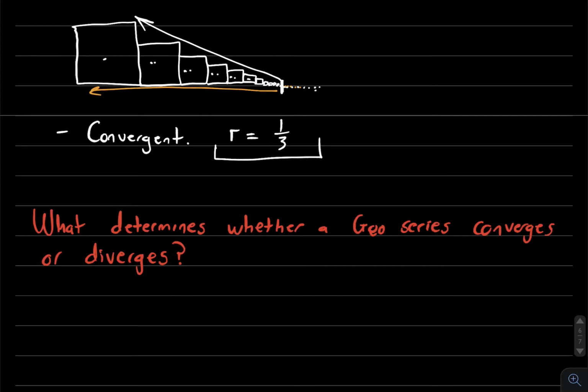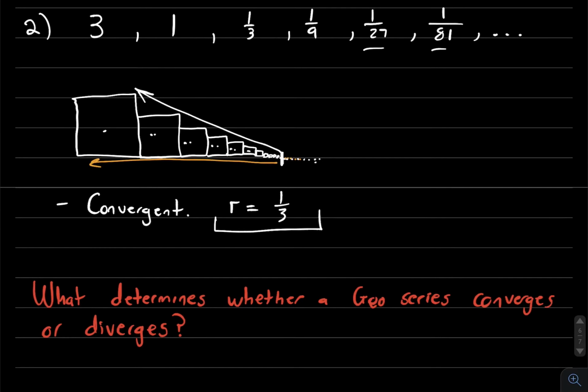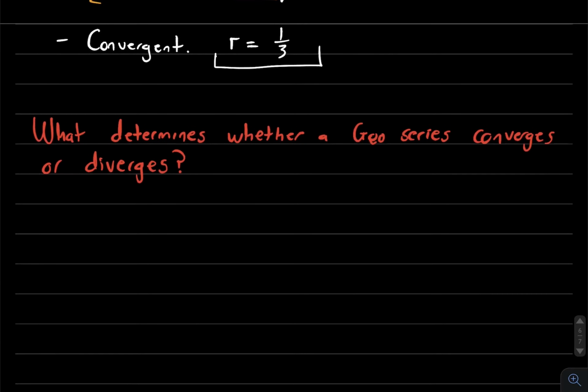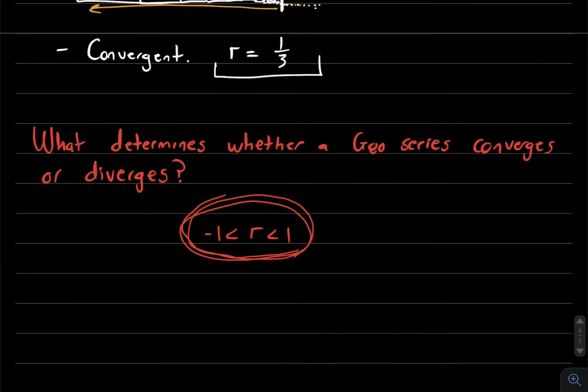So if you think back to the previous video, in our previous video we looked at something like this, where we had this interval here. We talked about this interval, right? And we said that when our r for a geometric series is in this interval, each term that you calculate gets smaller and smaller, right?